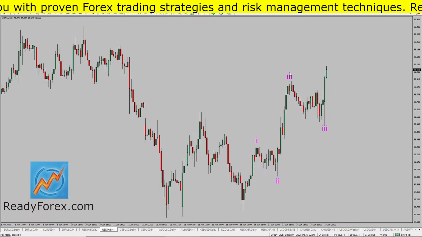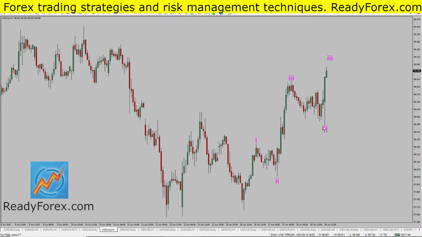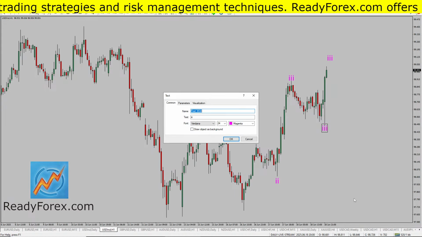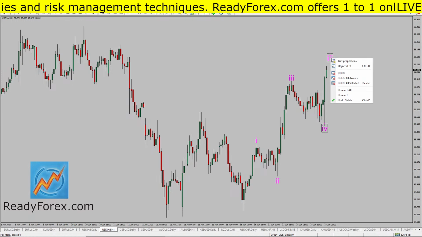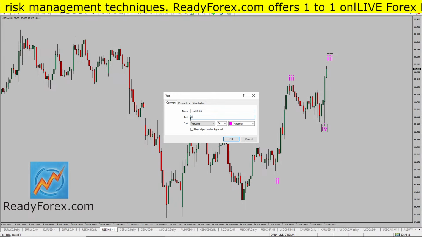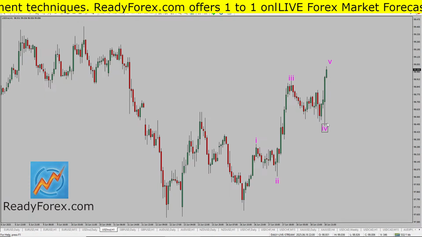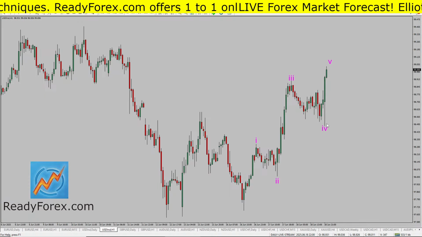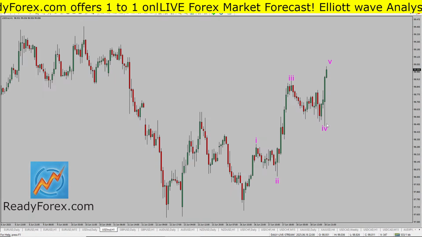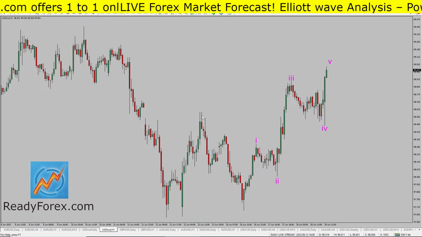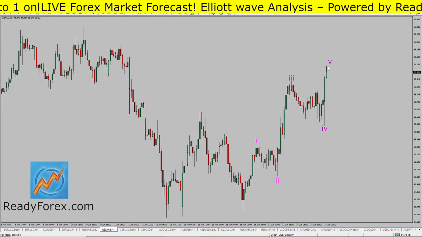After wave 3, we expect bearish wave 4, and then right now at this point in time we're basically getting bullish wave 5 to the upside inside US dollar index. Now some people might say that this is A, B and C, and that's okay.